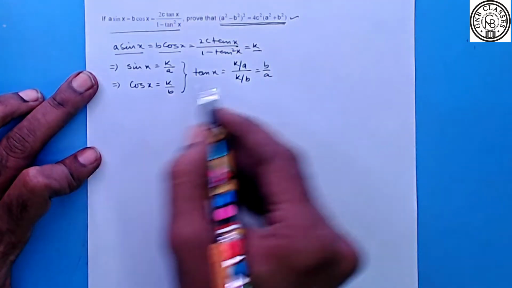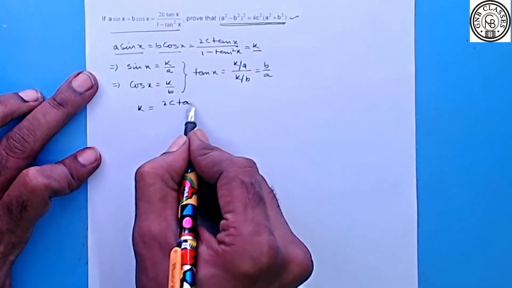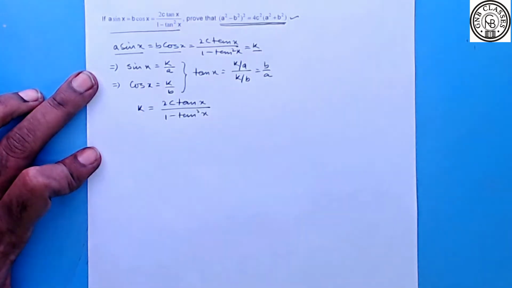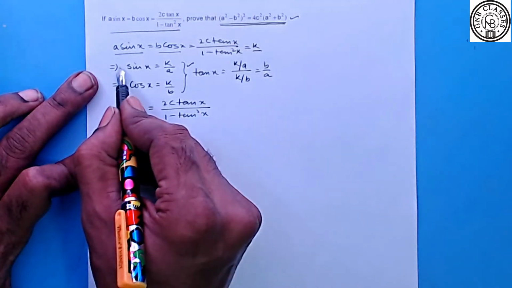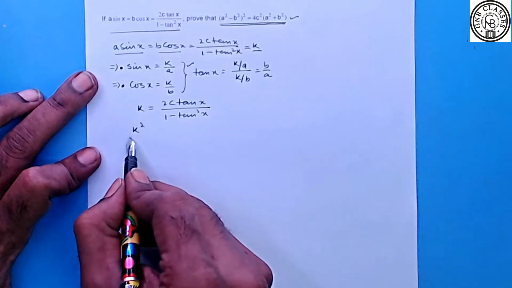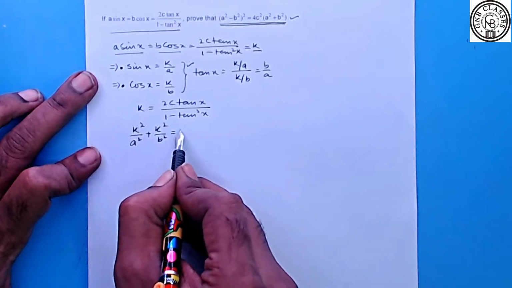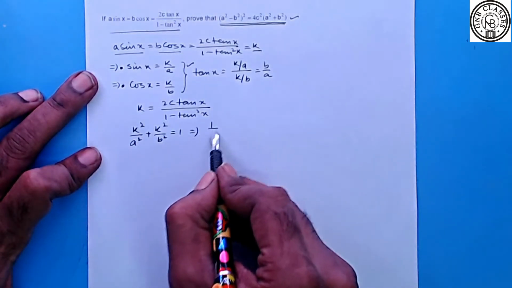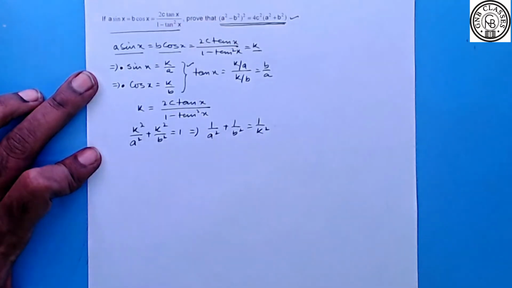To prove. So from the last one we are getting k is nothing but 2c tan x by 1 minus tan square x. Now if we square and add the corresponding sides of the first two equations, we are going to have k square by a square plus k square by b square is equal to 1, because sin square x plus cos square x is 1. So from here we get 1 by a square plus 1 by b square is 1 by k square.